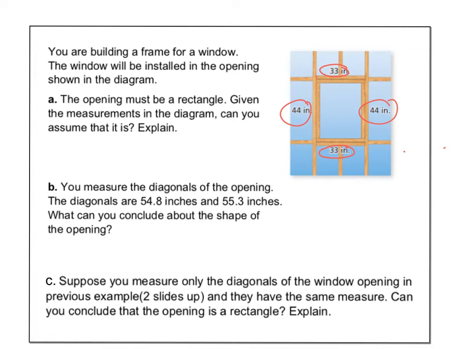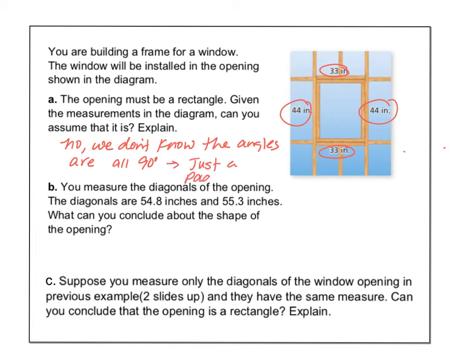Just because you have opposite side lengths that are congruent doesn't mean that you have 90-degree angles. So this would be no, we don't know the angles are all 90 degrees. So as far as we know, it's just a parallelogram.